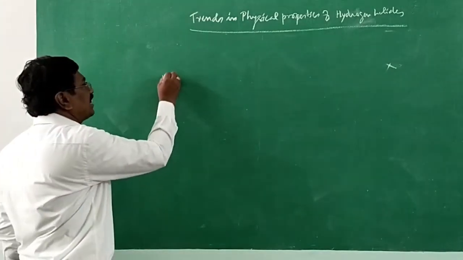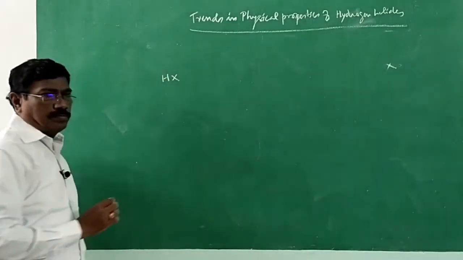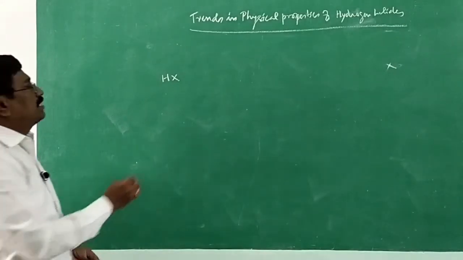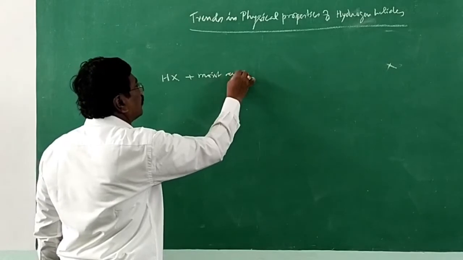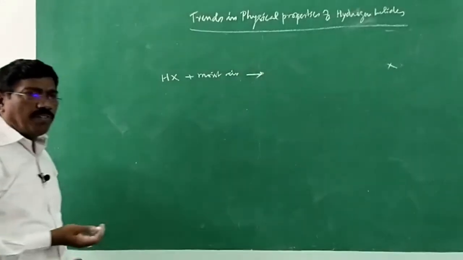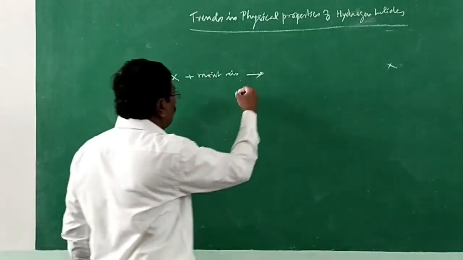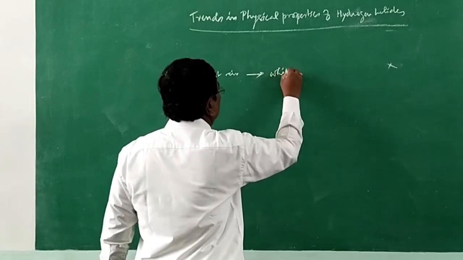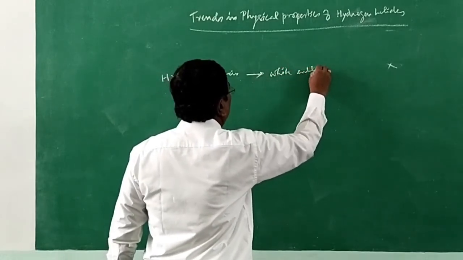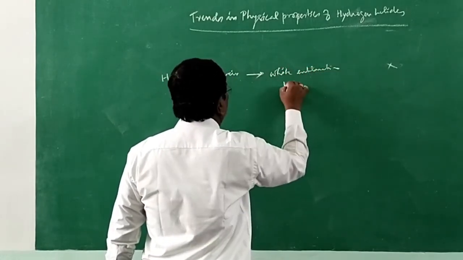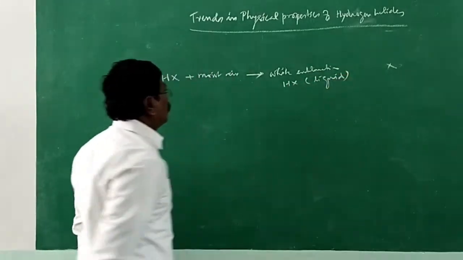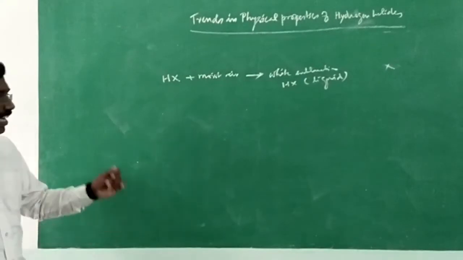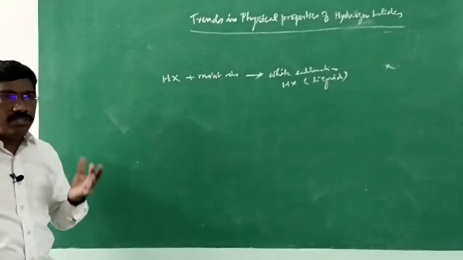When the gaseous hydrogen halide is allowed to go with moisture, we get liquid form of hydrogen halide. White fumes are formed due to the formation of HX in the form of liquid. So by this way, almost all the hydrogen halides can be converted into liquids.